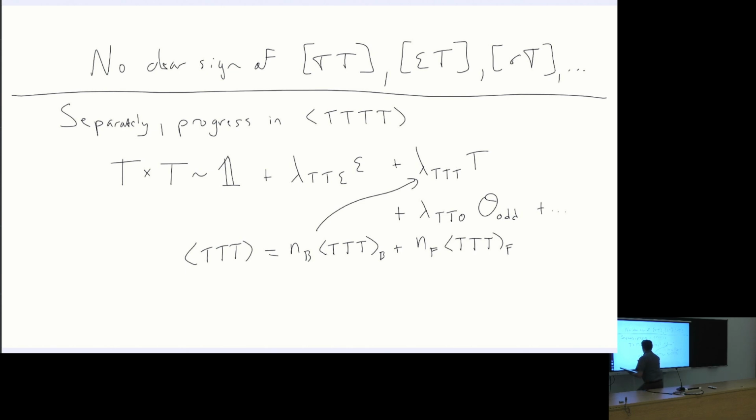And so for example, there's some Ward identity constraint that says the sum of these couplings should equal the central charge of the theory, the coefficient appearing in the TT 2-point function. And so one thing you can do is come up with different ways to parameterize this constraint.